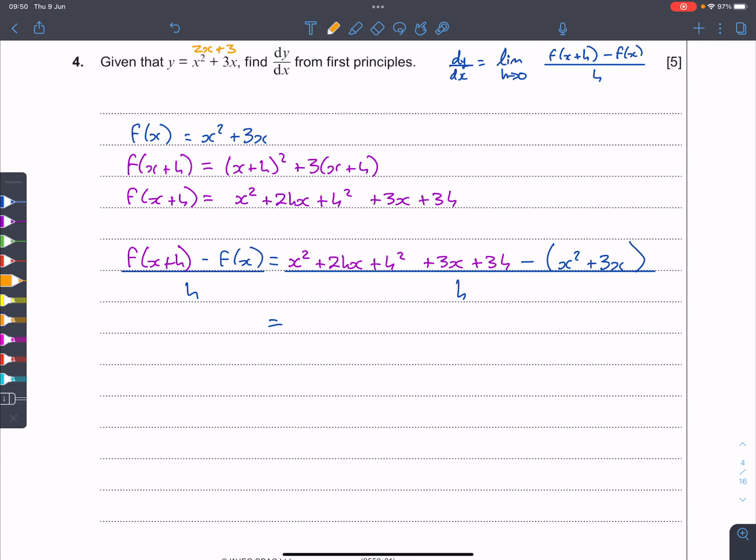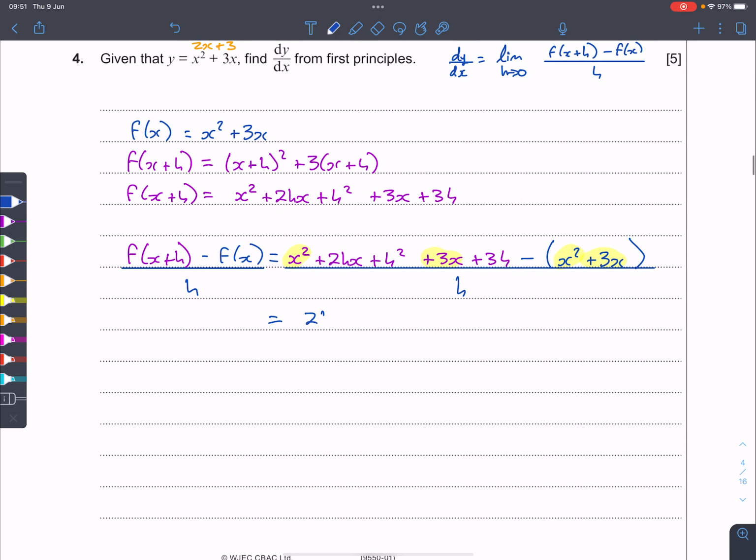So what we'll get, and this will always happen, is you should be able to cancel out everything in that bracket. So we have x squared minus x squared. That's going to cancel out. We have 3x minus 3x. So they're going to cancel out, leaving me with 2hx plus h squared plus 3h all over h.